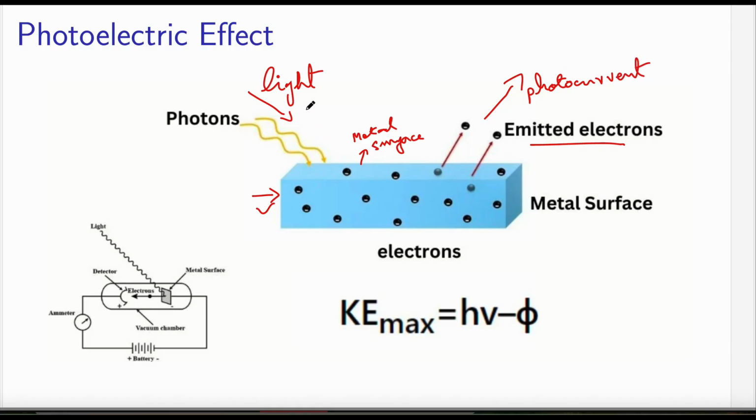So light of certain frequency is falling on the metal surface. Any light will not do, we'll see. And then what we have is emitted electrons.